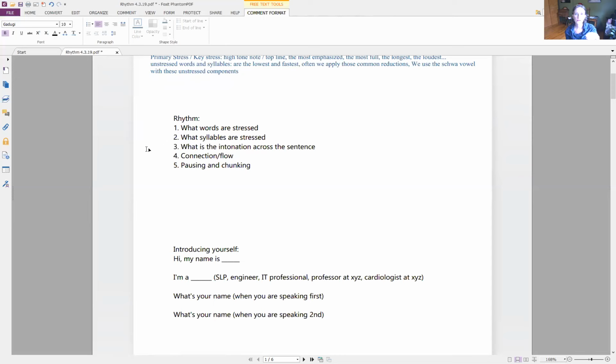What words stand out? What syllables stand out? What are they doing with their intonation? Are they saying come over with that intonation right on the end, or are they saying come over with the voice dropping at the end? Potentially how the words are connecting or flowing together. And where is that speaker pausing? And what effect does that have? Just keying in to listen.